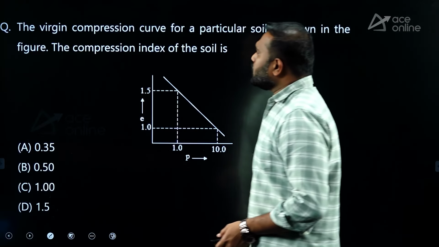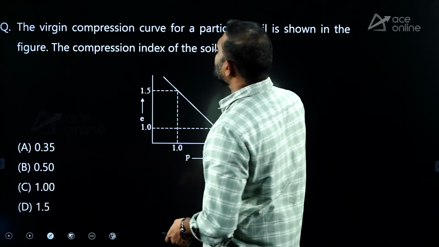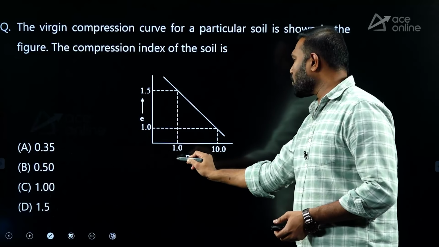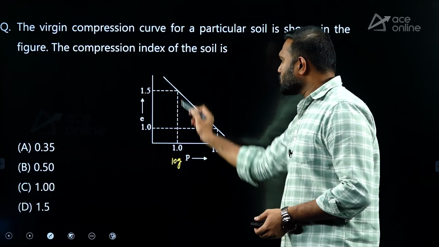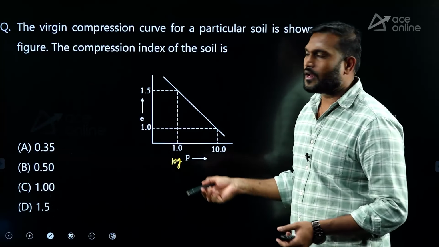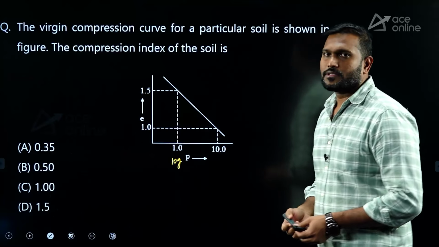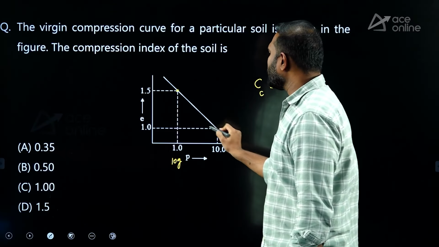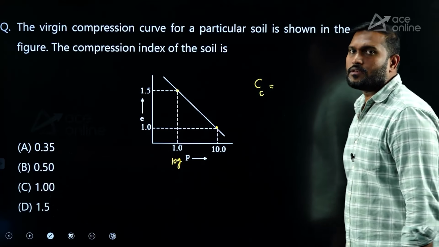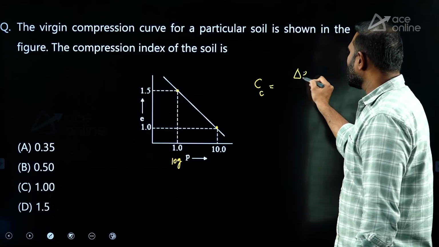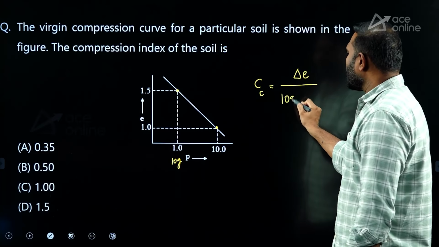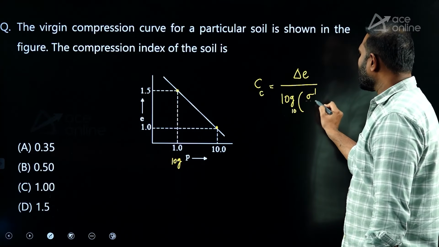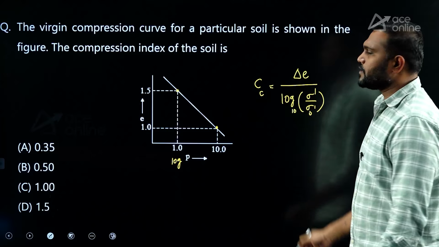Next, the virgin compression curve for a particular soil is shown in the figure. This is a log curve, because you see the line. And what is the compression index? Compression index is nothing but the slope between any 2 points: change in void ratio, delta e, by log base 10 of sigma dash by sigma naught dash.